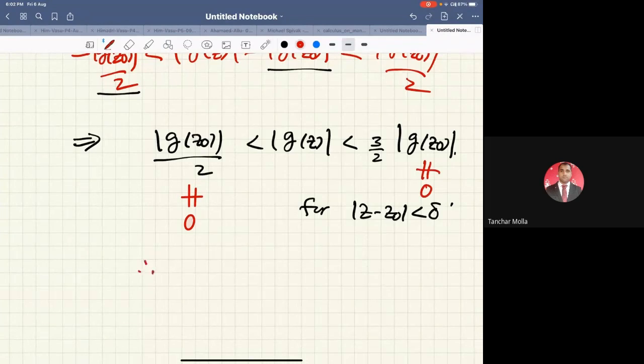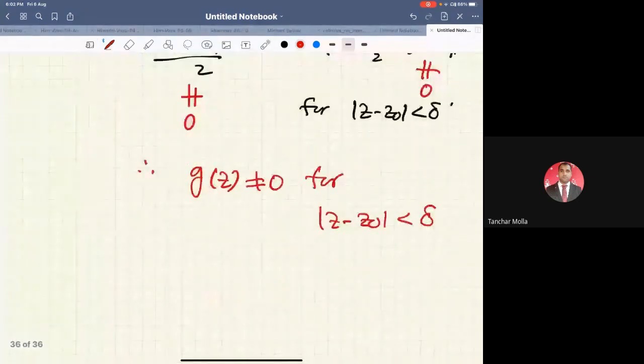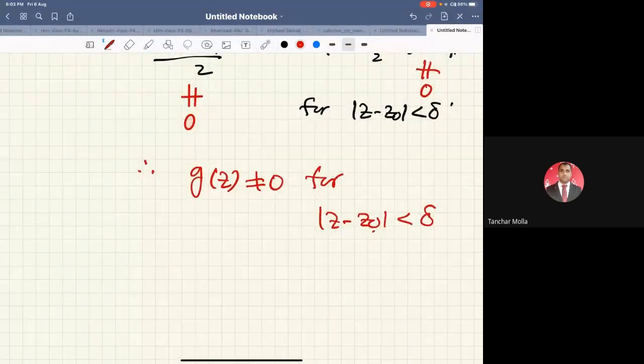Therefore g of z is not equal to 0 for modulus of z minus z0 less than delta. So in some delta neighborhood of z0, we found that g of z is not equal to 0.